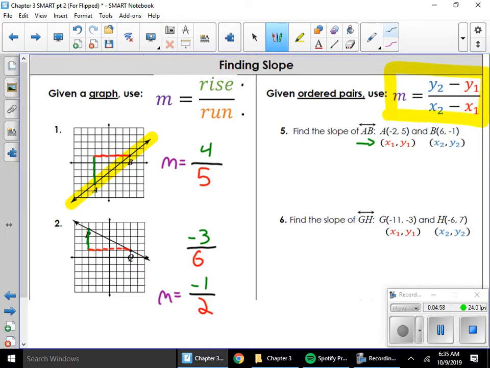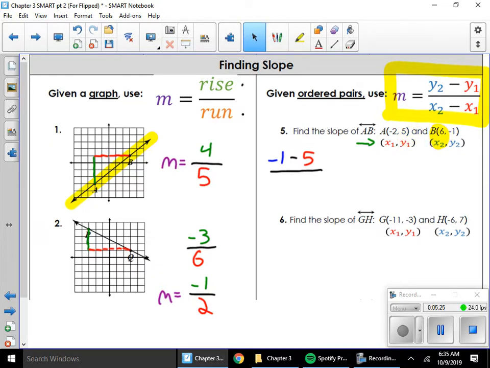So if I'm looking at my slope formula, I need y2. Well, I've already labeled y2. y2 is -1. And then I need to subtract off y1. I've already labeled y1. y1 is 5. So I have y2 minus y1. From there, I need x2, which is the value 6.